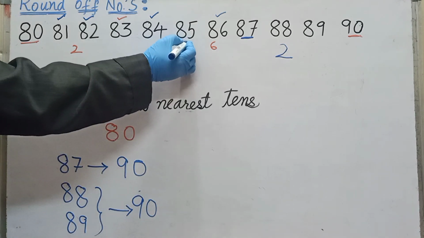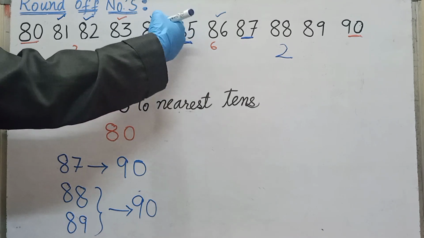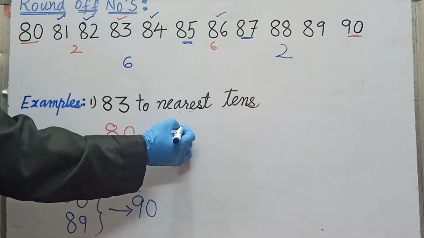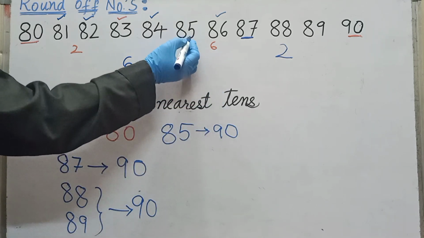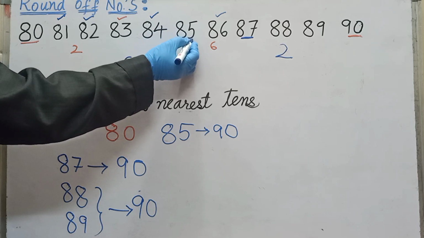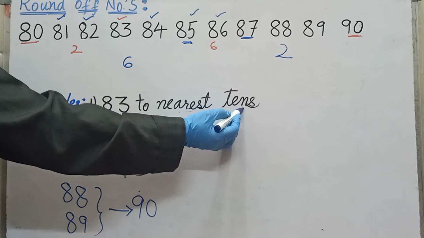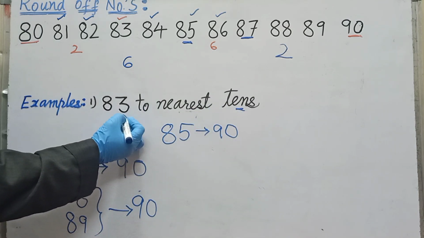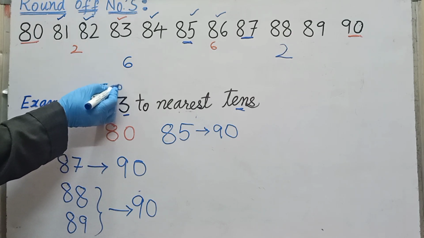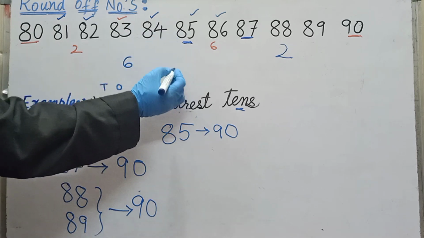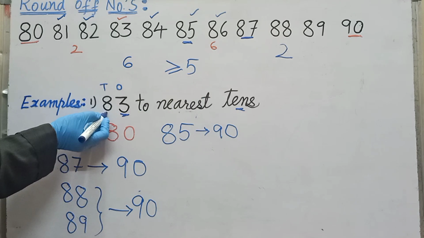Okay. So what about 85? 85, by convention we say that 85 is nearer to 90 only. Okay. So now we can conclude that if the number beside tens place is greater than or equal to 5, we round off to the nearest tens. So we see the number beside the tens place. Okay. This is the tens place. So the number in the ones place, if it is greater than or equal to 5, will be rounded off to the next number.